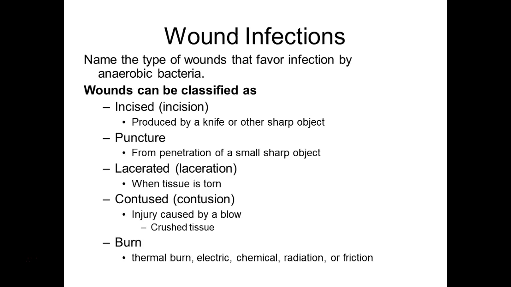And burns, if you've got dead tissue, is that aerobic or anaerobic? It's definitely anaerobic. So puncture wounds and burns are the worst, but contusions can also result in anaerobic environments. Why do we not worry so much about bruises most of the time? When we have an incision, what's damaged? The skin. When we have a bruise, that's tissue under the skin.